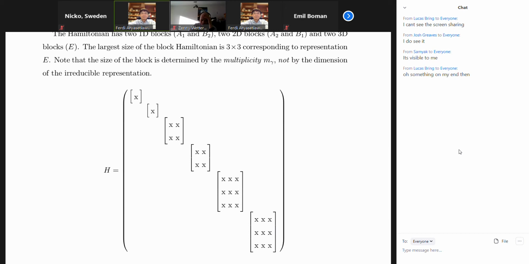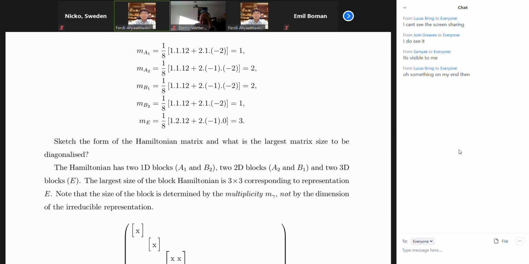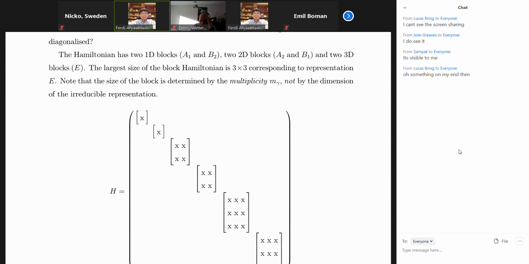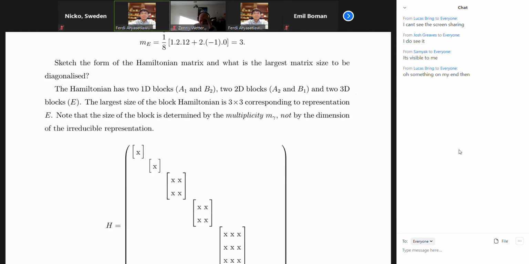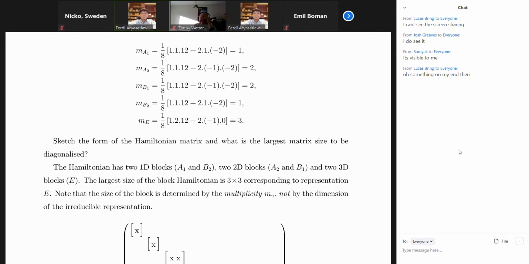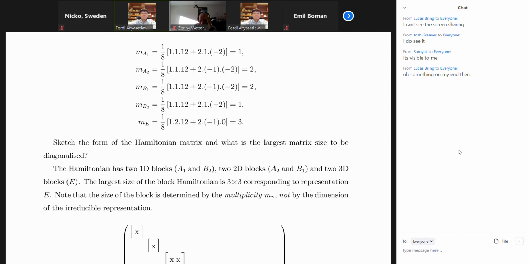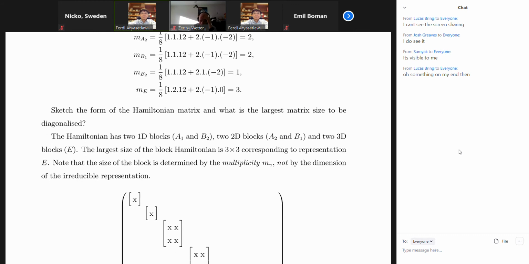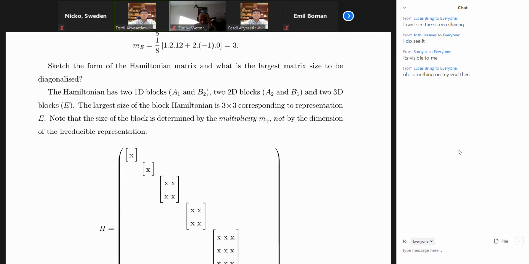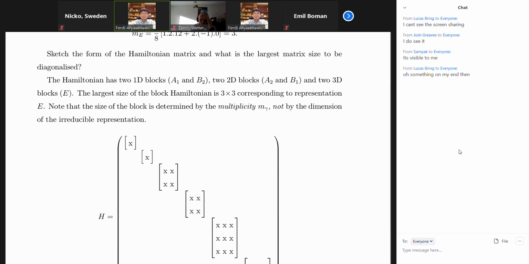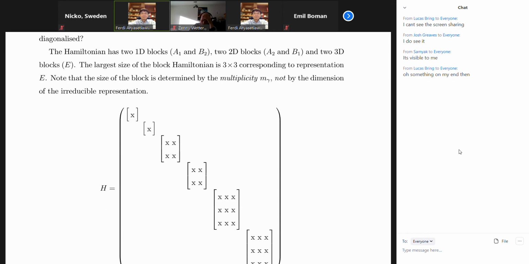So I have the 2 by 2 coming from the A2 representations, and another 2 by 2 coming from the B1, because the B1 appears twice. And then I have the 3 by 3 coming from the E representations.